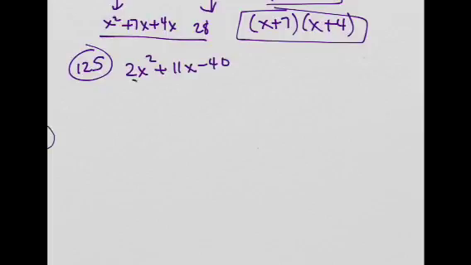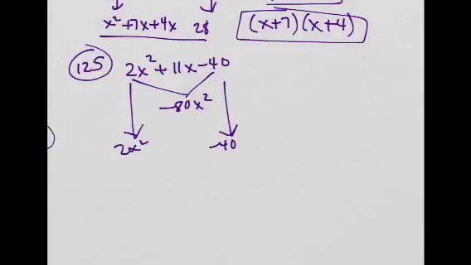We multiply these two, we get negative 80x squared. Bring down the 2x squared. Bring down the negative 40. Oops, x squared right there. So we're looking for factors of negative 80 that add up to positive 11. So factors of negative 80 that add up to positive 11.